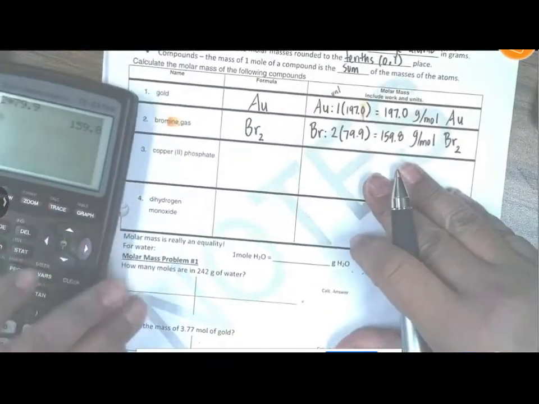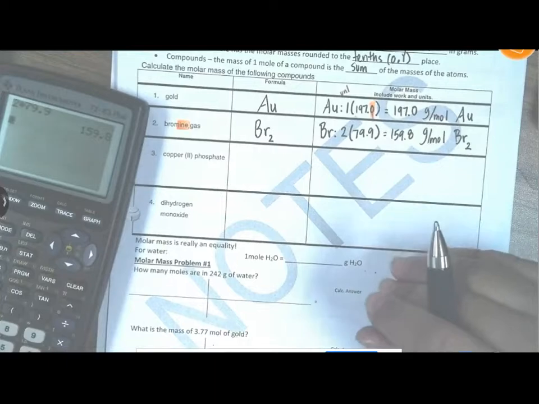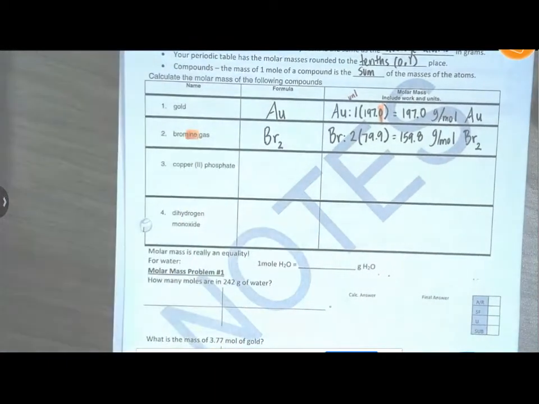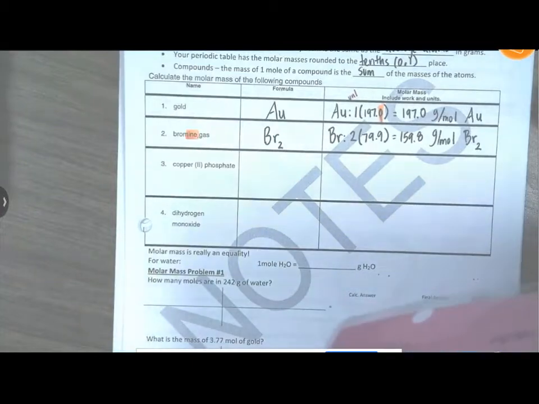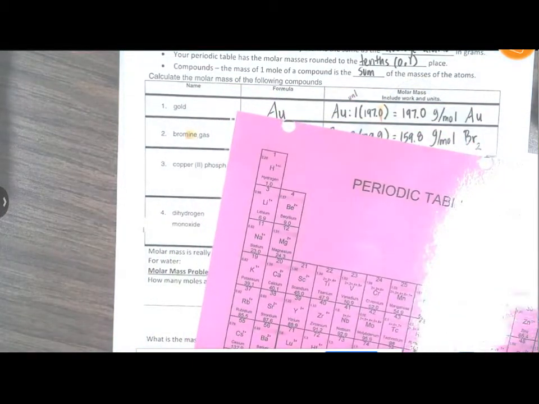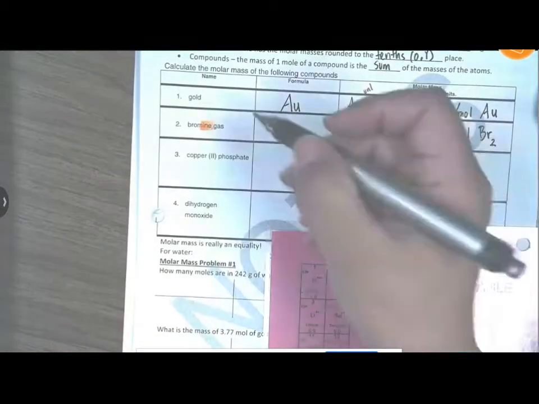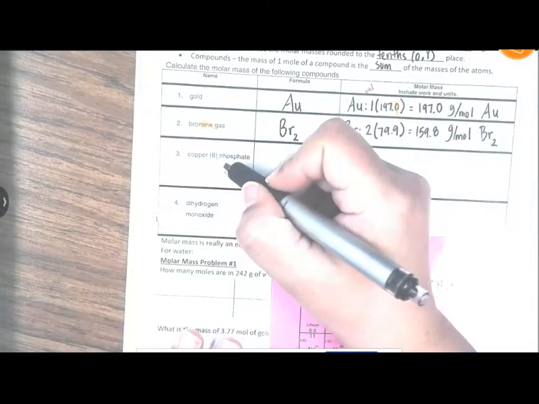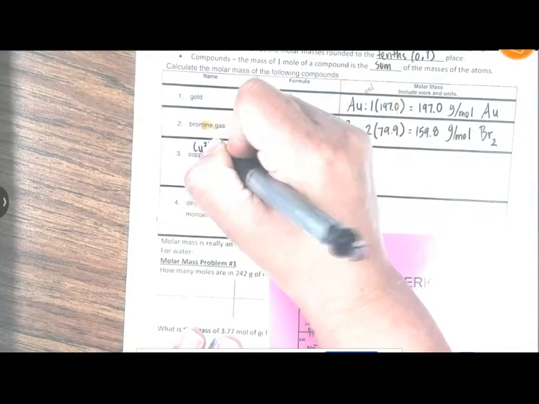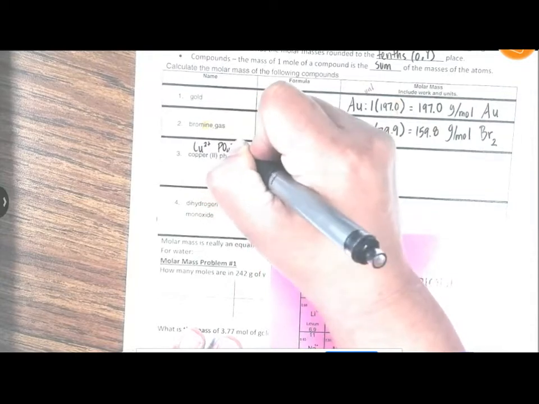Now we do the next one, copper(II) phosphate. So I need to look, right, at my ion list, and unless I know what phosphate is, right? And so phosphate is PO4 3 minus. And I know that this is an ionic compound because there's a Roman numeral there. So copper, Roman numeral 2, is Cu2 plus, and phosphate is PO4 3 minus.